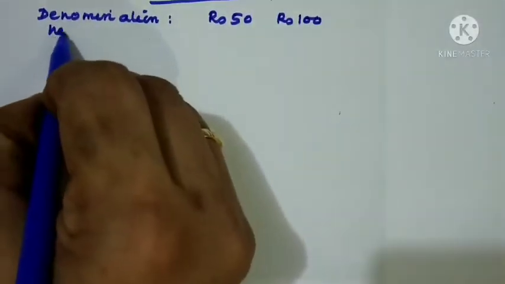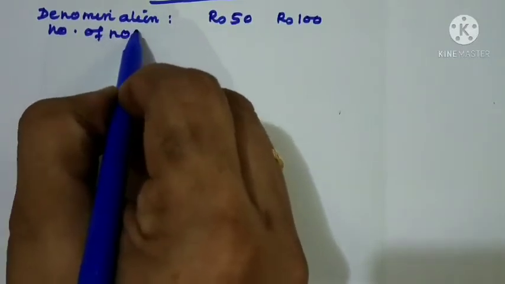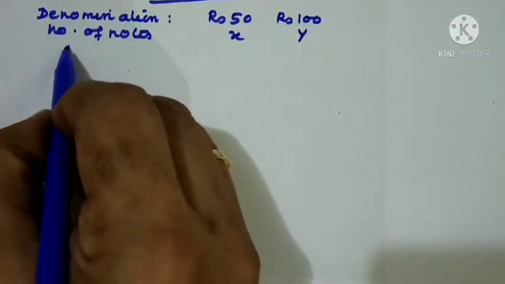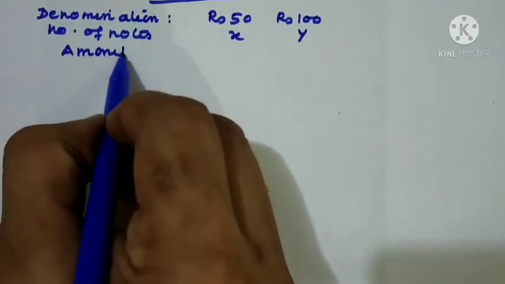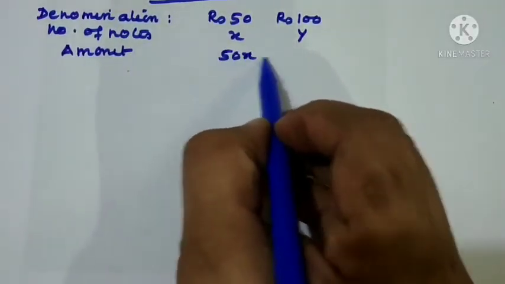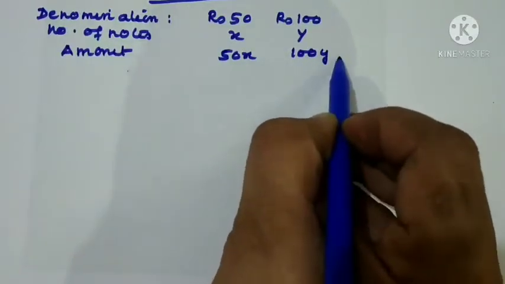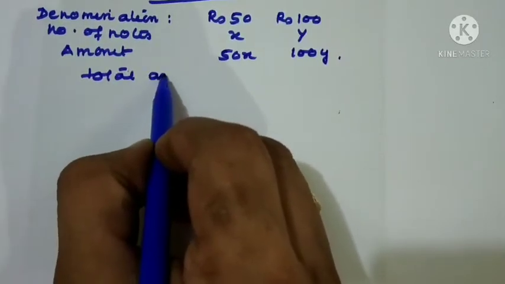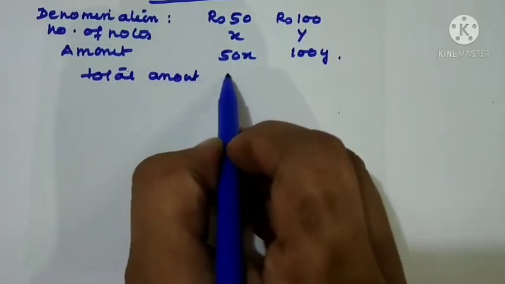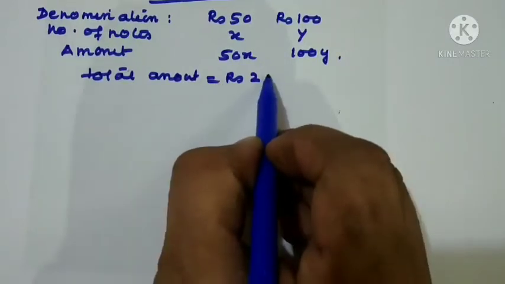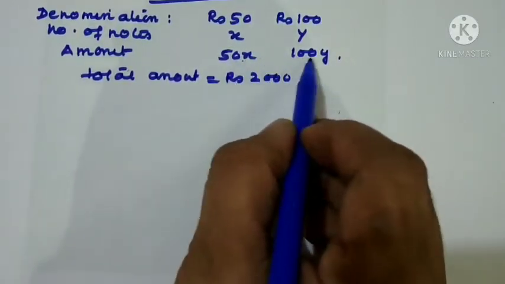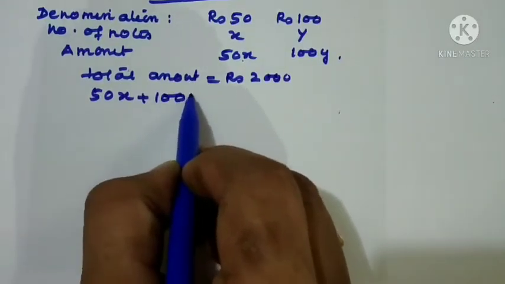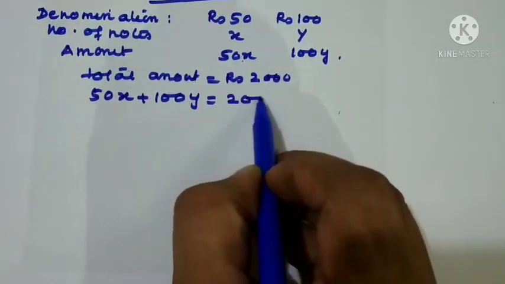Number of notes, respectively x and y. Amount from each denomination, 50x and 100y. Right? So what is the total amount? Total amount she withdrew is 2000. That means 50x plus 100y equal to 2000.